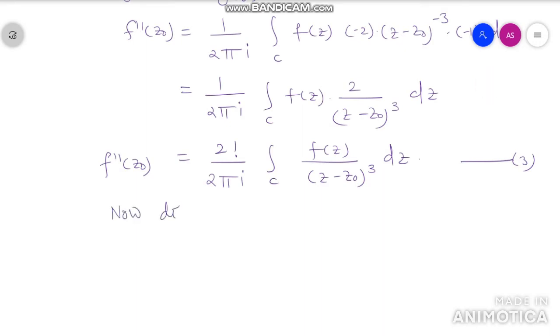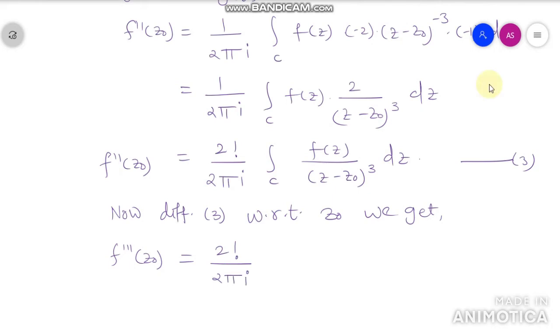Now differentiate 3 with respect to z0, we get the third derivative on the LHS.